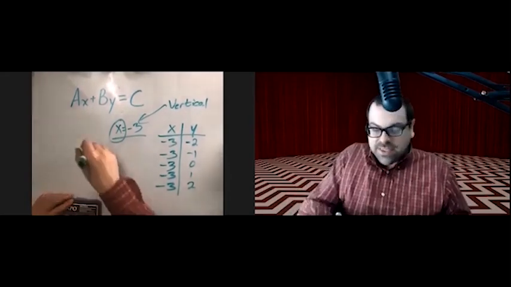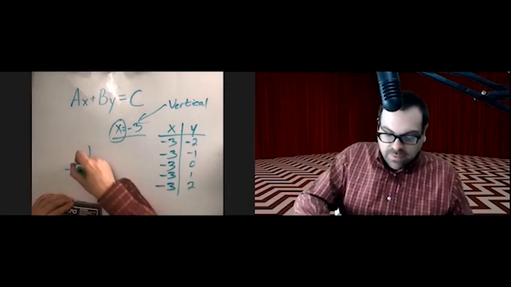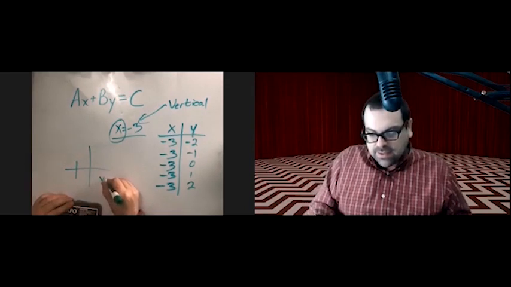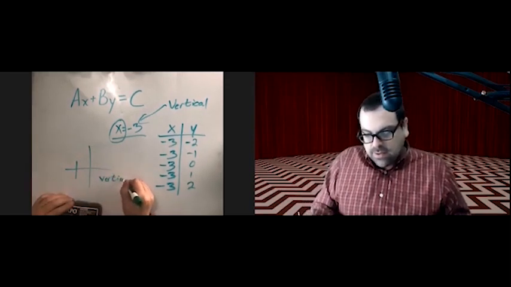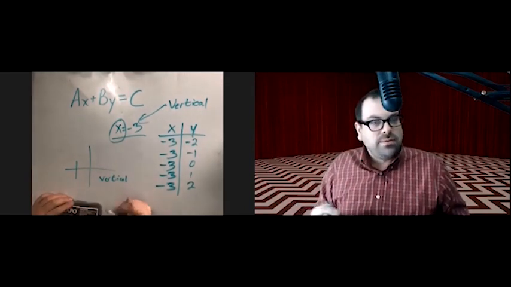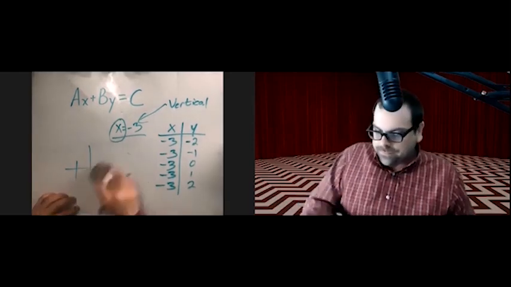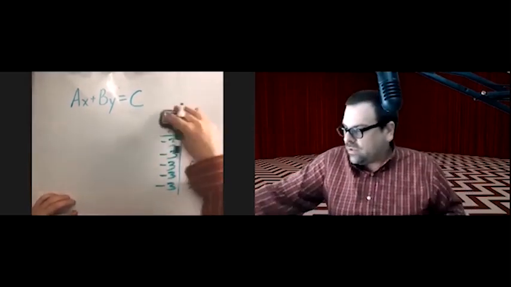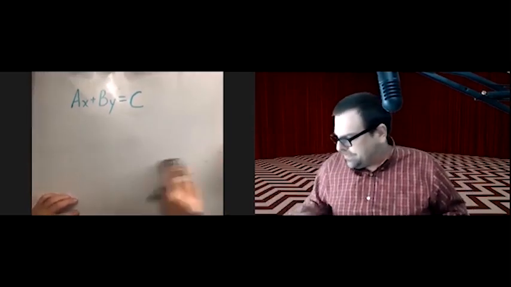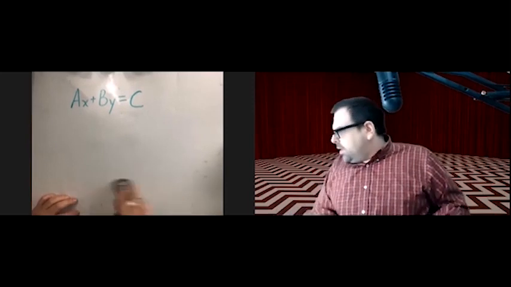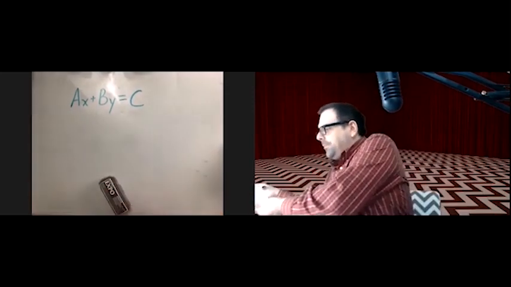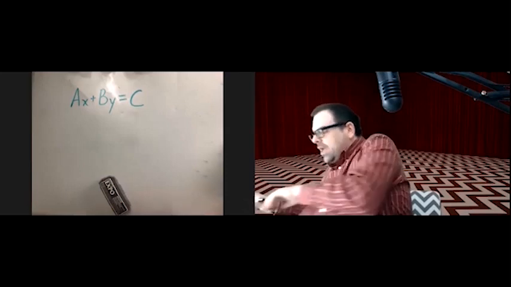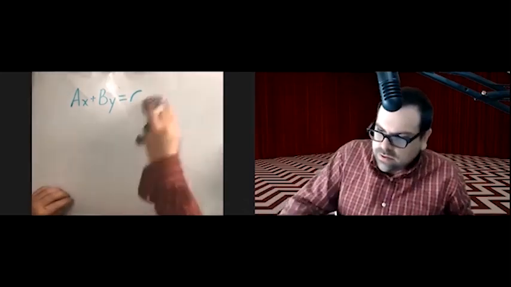All I have to do is think, x equals a number passes through the x-axis, which means it is a vertical line. We'll do some more with horizontal and vertical lines in the future.